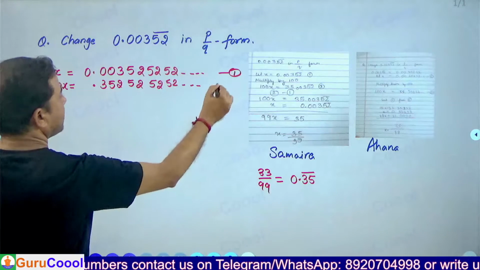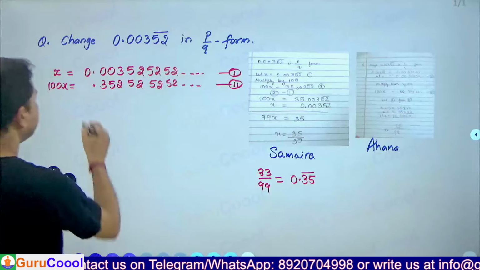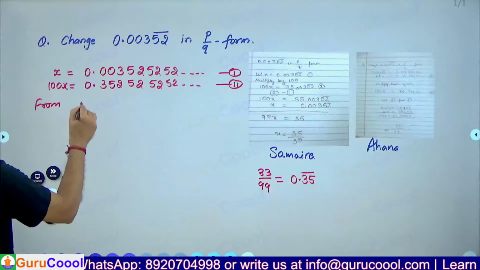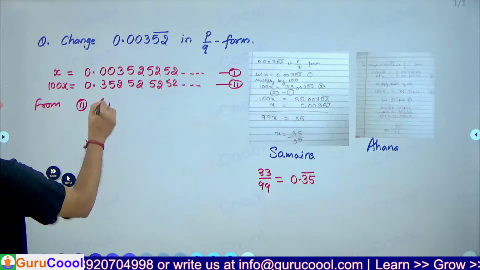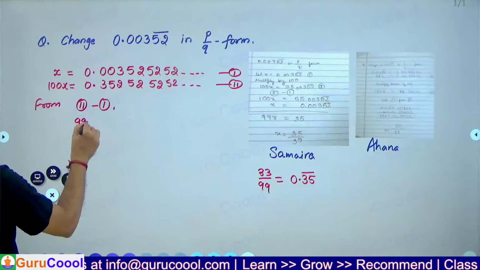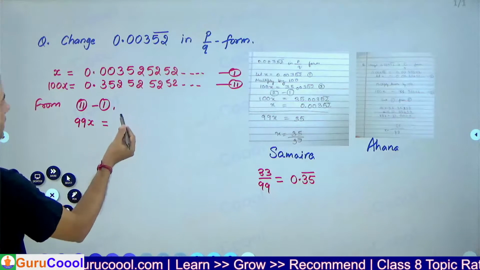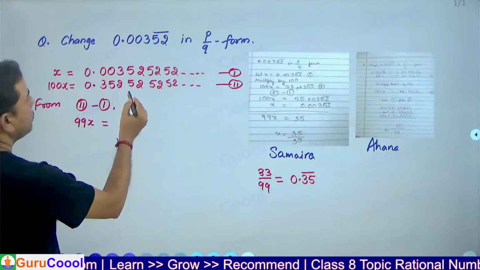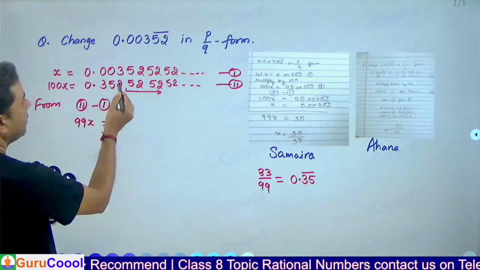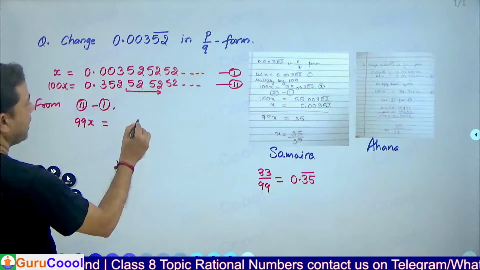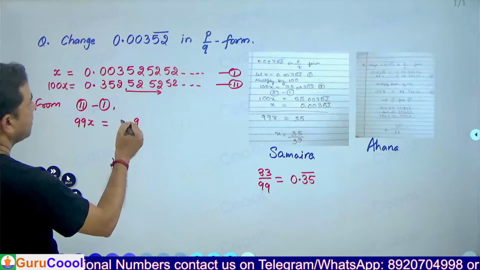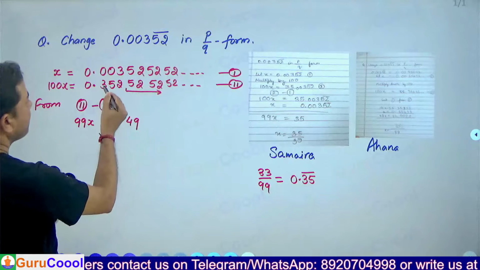This is the first equation. This is the second equation. Second minus first gives 99x here on the left, and on the right side 0 will be after this until this. 12 minus 3, 9, and this is 4 minus 0, 4, this is 3.